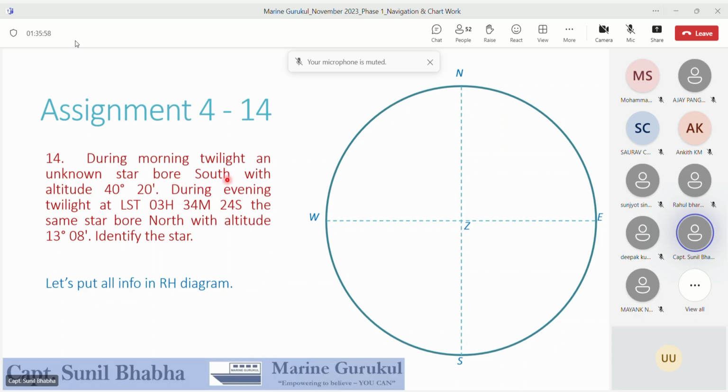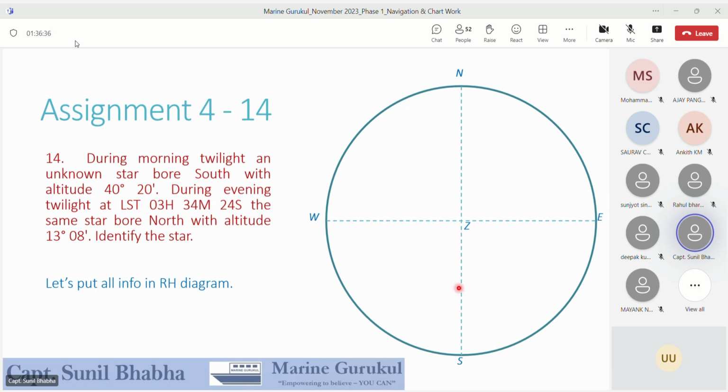The star bore south with an altitude of 40 degrees 20 minutes. So our star, which is on line ZS, has an altitude of 40 degrees 20 minutes. We know the radius of this diagram is 90 degrees because its center is the zenith and the circumference is the rational horizon. Every point on the rational horizon is 90 degrees away from the zenith. So the radius is 90 degrees and the altitude of the star is 40 degrees 20 minutes, which means it is 40 degrees 20 minutes above the horizon.